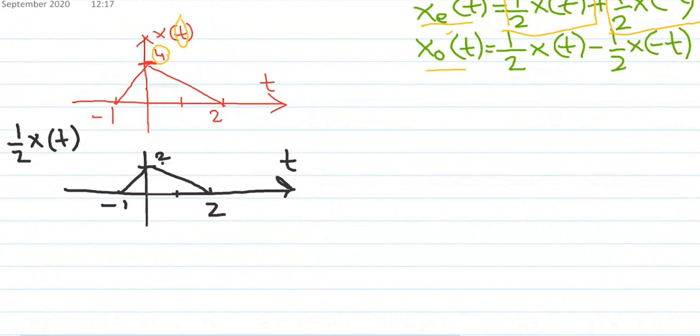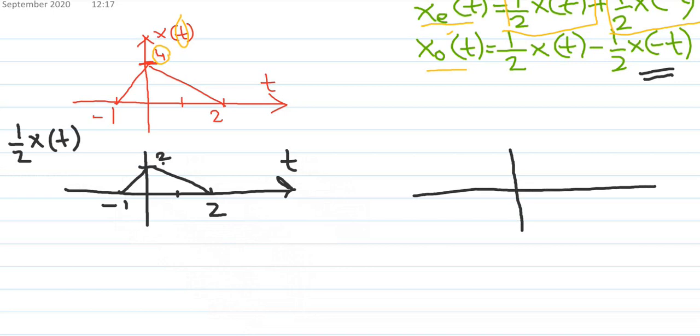Similarly, we need to find half x of minus t here. Okay, half x of minus t is nothing but flipping the half x of t. Okay, if you want, you can first do the flipping and then amplitude scale, so you will end up with the same figure as what I am drawing here. So basically I have this signal here, for example.